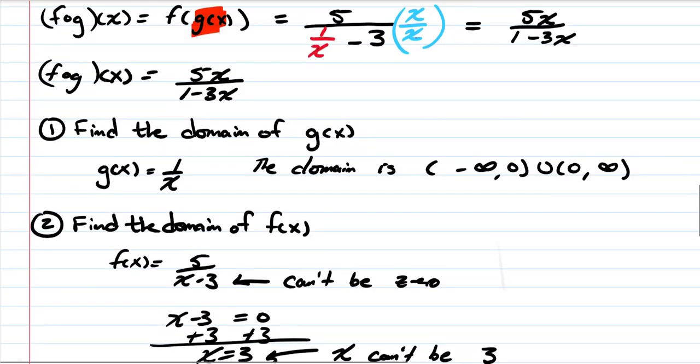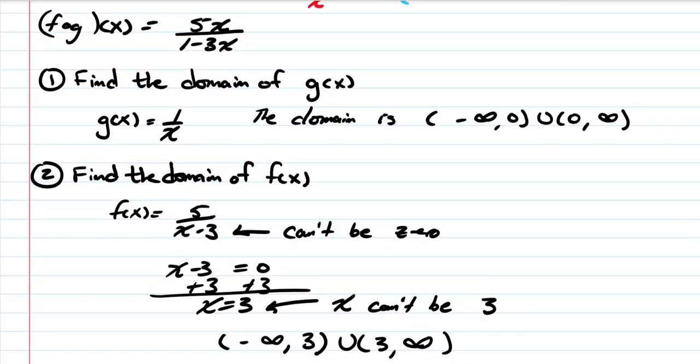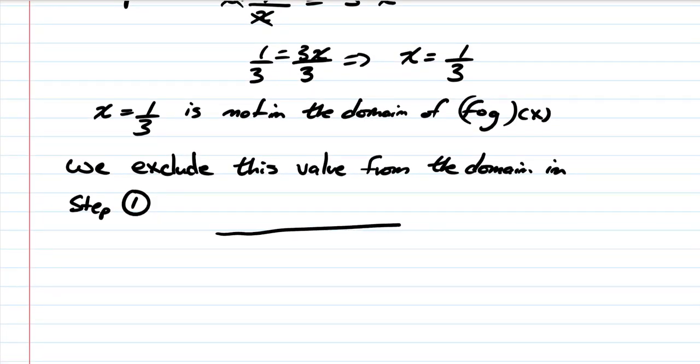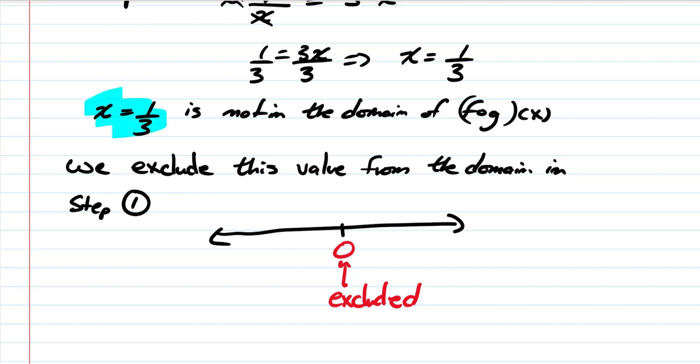So in step 1, we found the domain of g, which was negative infinity to 0 unioned with 0 to infinity. So if I put that on the number line, our domain was everything but 0, so this was already excluded. And now this says we must also exclude this value.